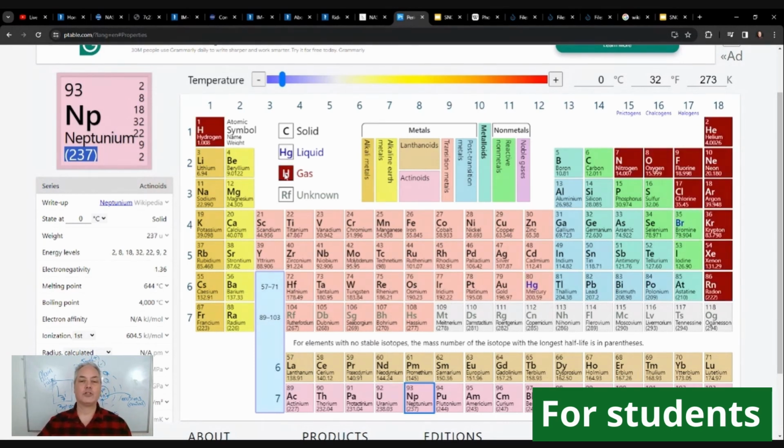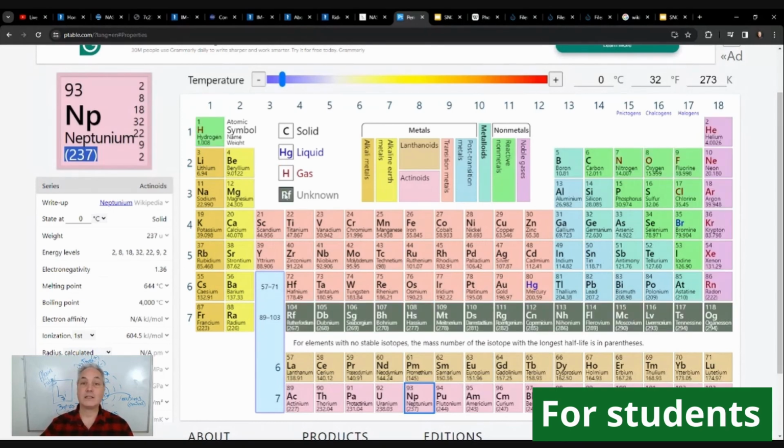So we have hydrogen, which is the first element, then we have most of the gases on the right of the periodic table. And there are some unknown, and the reason is that they appear and disappear so fast that we don't have enough of those atoms together to get more information. Okay, so these are the states that are important.